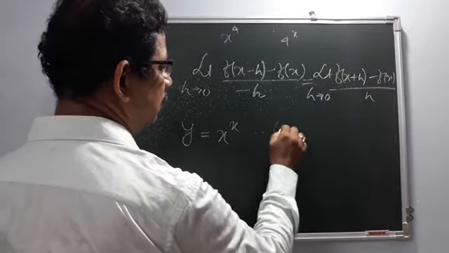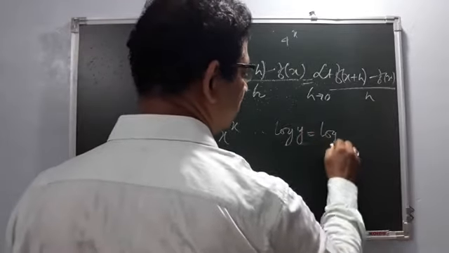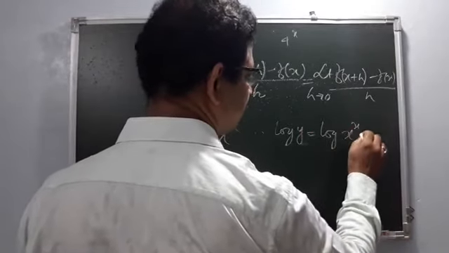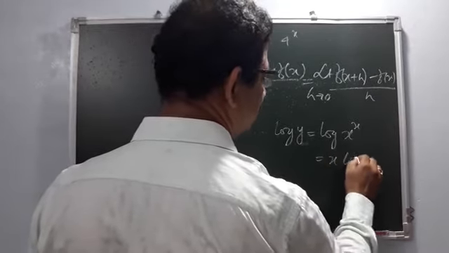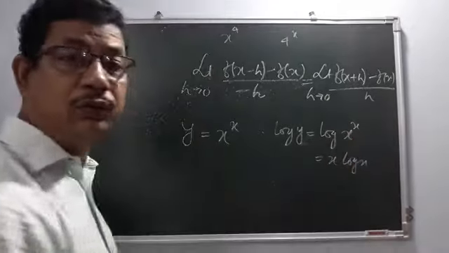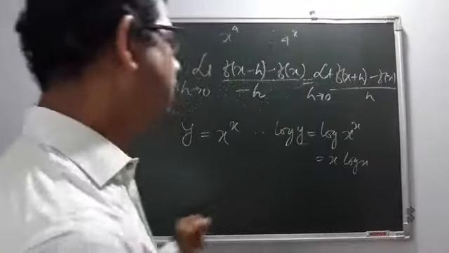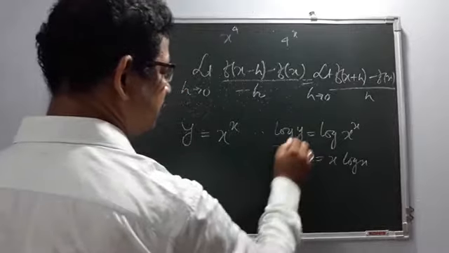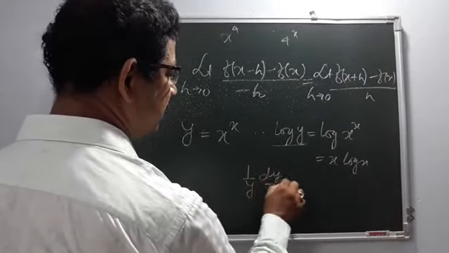If you use log, it will be log y equals x log x, meaning x will come in front. It is the rule that in log, any power will come in front. Then if we differentiate using the chain rule, it is 1 by y dy dx.